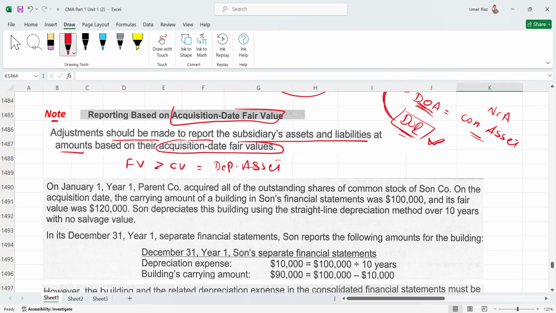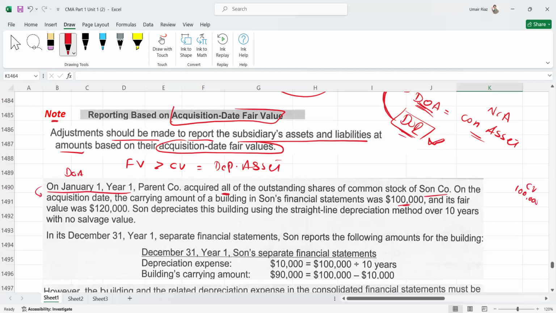On January 1, year 1, which I'm assuming is the date of acquisition, the parent company acquired 100% of the outstanding shares of common stock of S company, the subsidiary. On the date of acquisition, the carrying amount of the building in S's financial statements was 100,000.